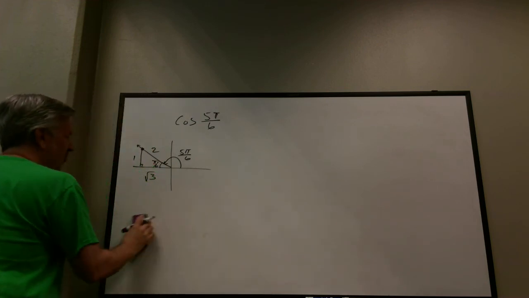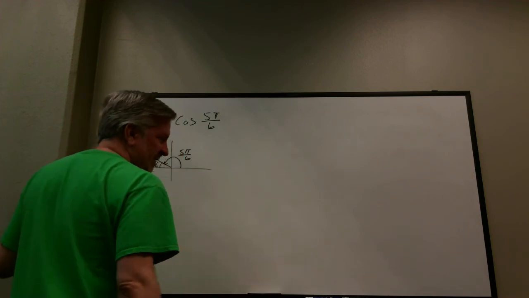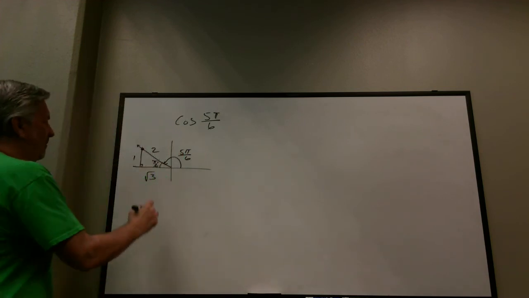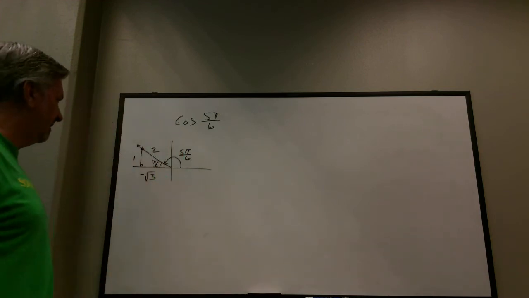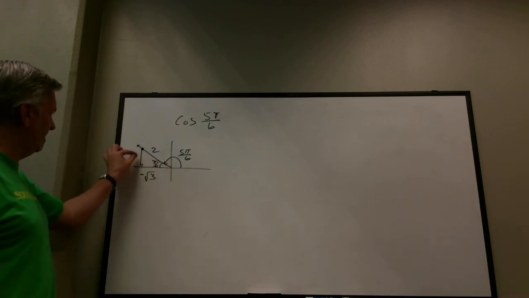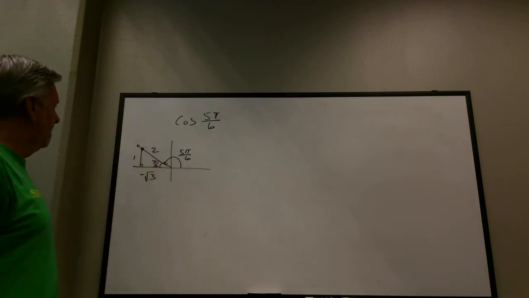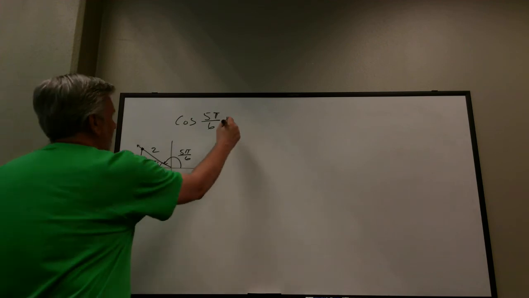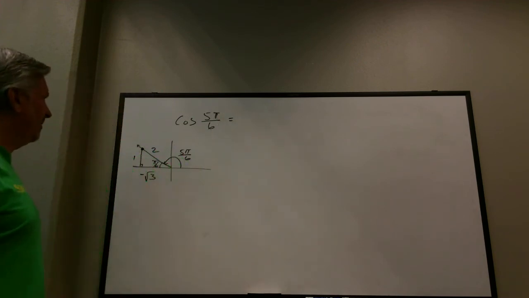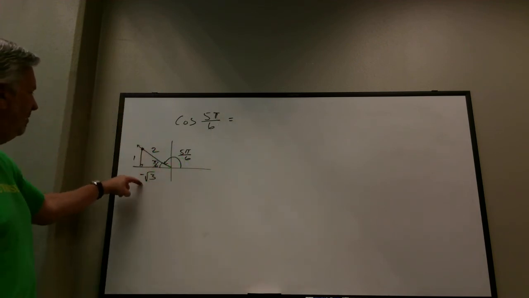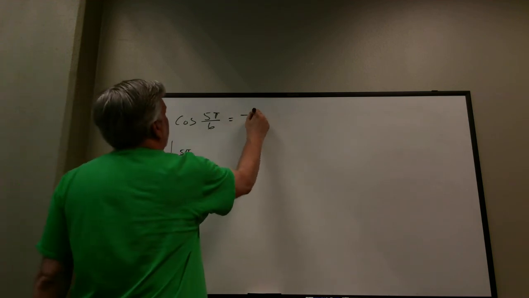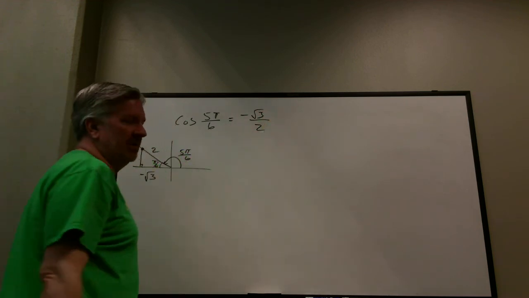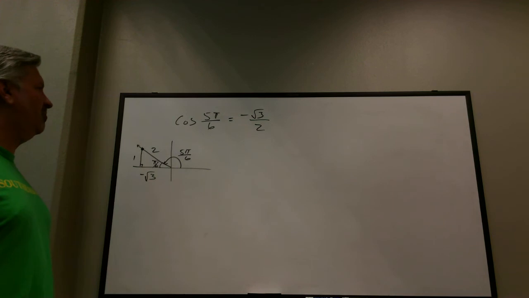And then remember, once you put your numbers on your triangle, what was the step you need to remember to do? Check for negatives. The root 3 is negative, because in the second quadrant, x is negative, y is positive. We could do all 6 trig functions now, but they only ask for 1. What's the cosine? The adjacent over hypotenuse, x over r, minus square root of 3 over 2. There we go. This exact same problem we've done before.